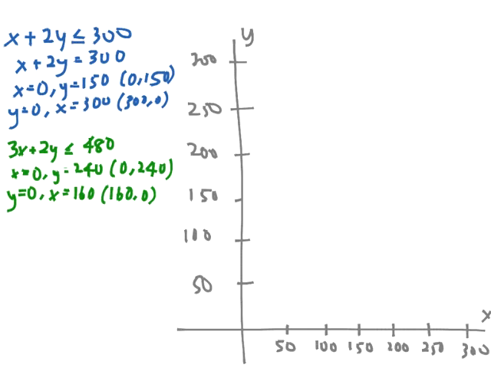Okay, now I can plot my points. For the first inequality, I have 0, 150, so 0, 150 will be here. Make sure to label your point. And then the second point is 300, 0, which will be here. Okay, so you have 2 points, so you connect them together.